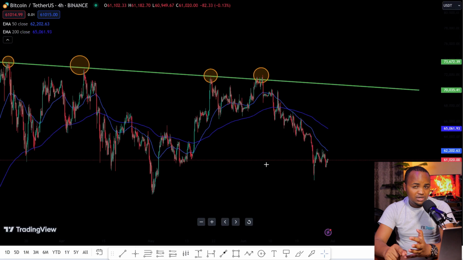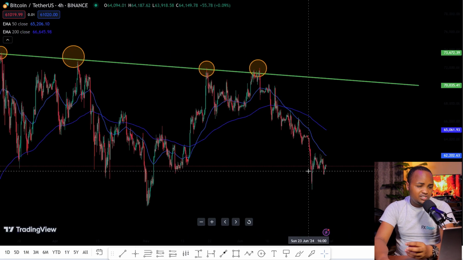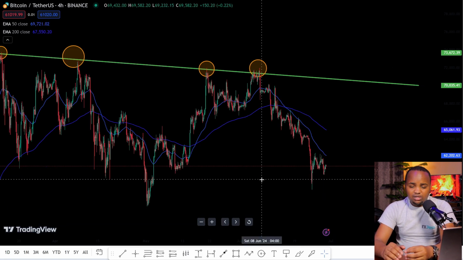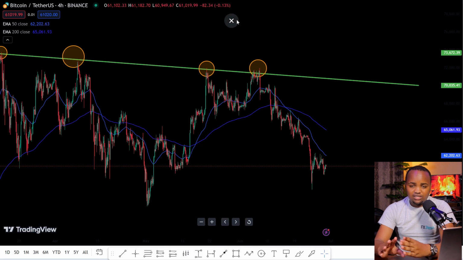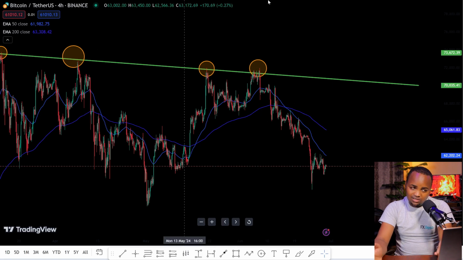Even the daily time frame can give you some clues of where this market is heading. And if you are, for example, using the RSI or the MACD, sometimes you may see the market is going to be more correct. All these technical analysis indicators are going to be more correct when you are using the daily time frame compared to other time frames like the 4-hour time frame.